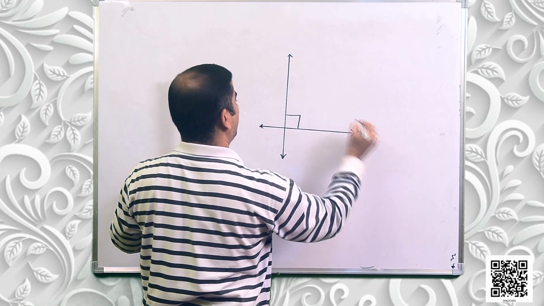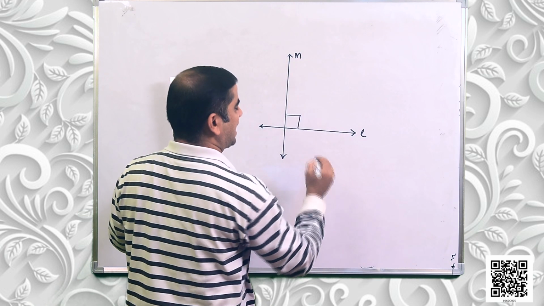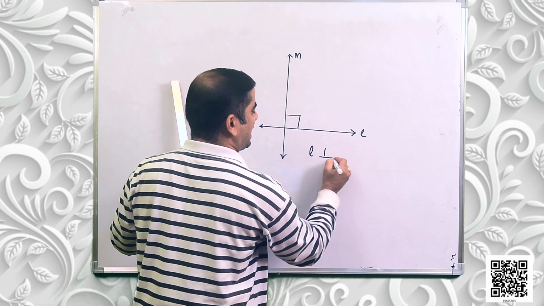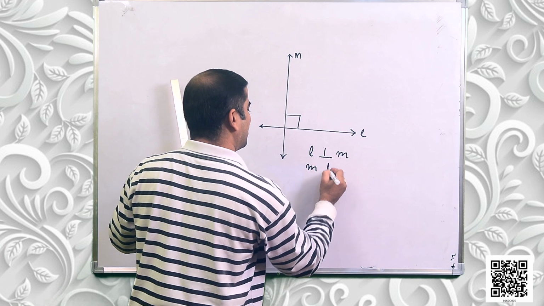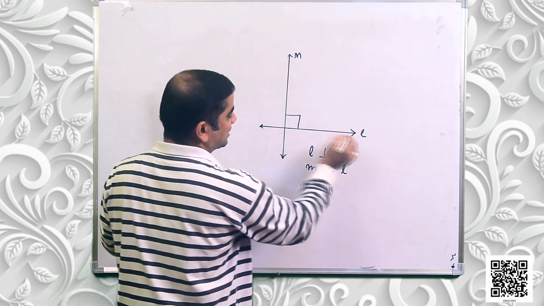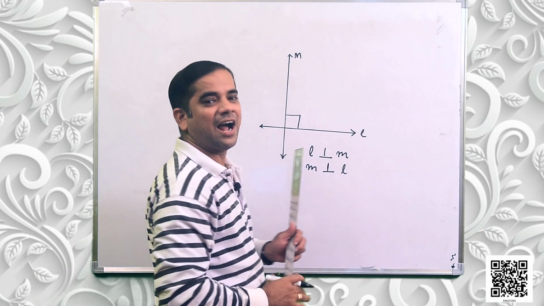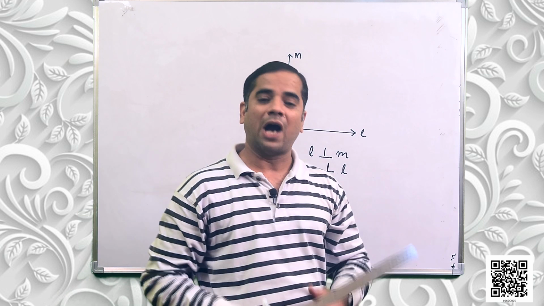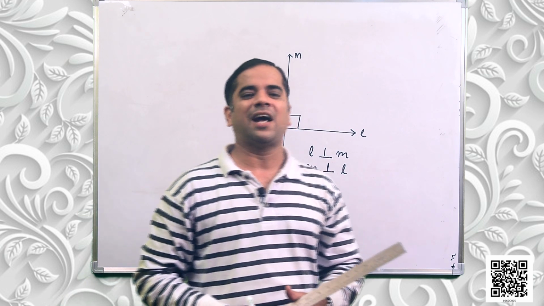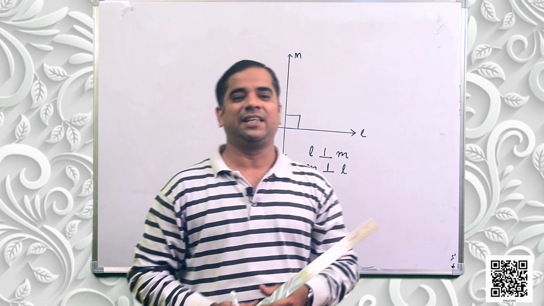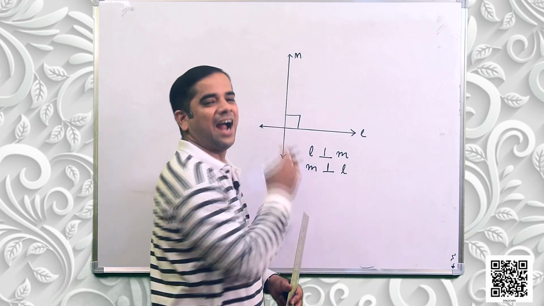Suppose this is line L and this is M, I can say L is perpendicular to M or M is perpendicular to L, because they are intersecting each other at 90 degrees. So, perpendicular lines are the lines which intersect each other at a right angle.